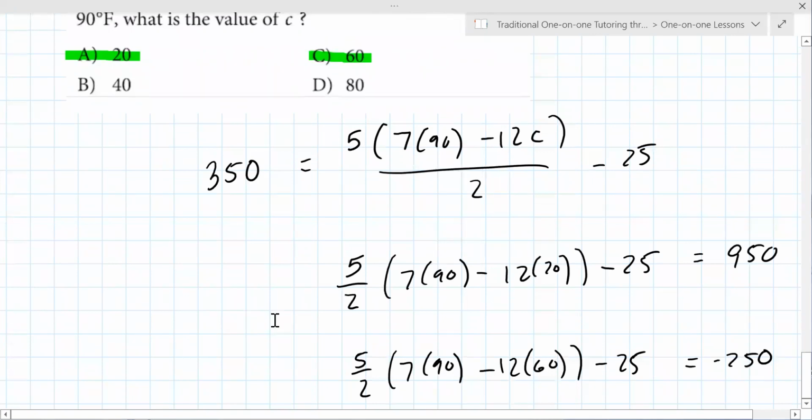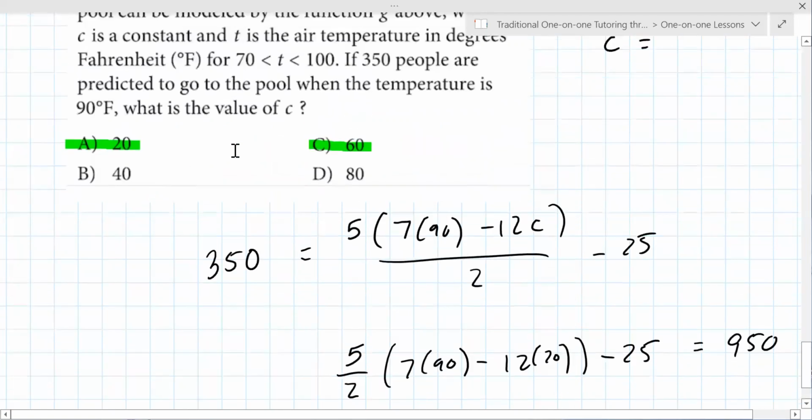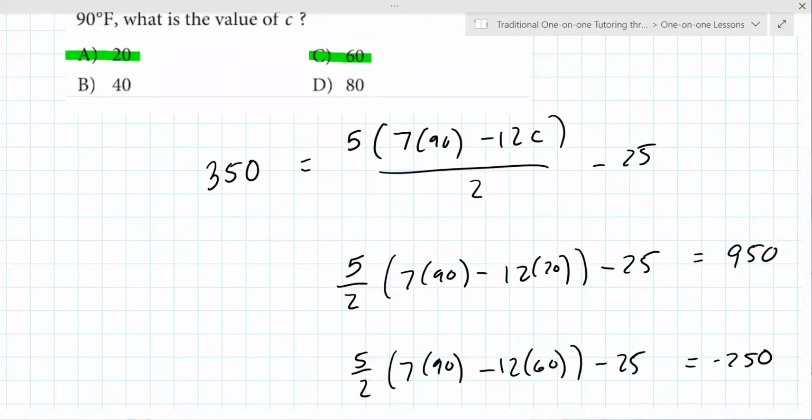Now, this works better on the ACT because there are 5 choices, and you generally test B and D to see if one's too small or too large. But you can see that it does work here. It's probably better to substitute in answers rather than solving it, because if you make any mistakes at all solving, you don't know where to go. Whereas when you try an answer, you get some information out of it.